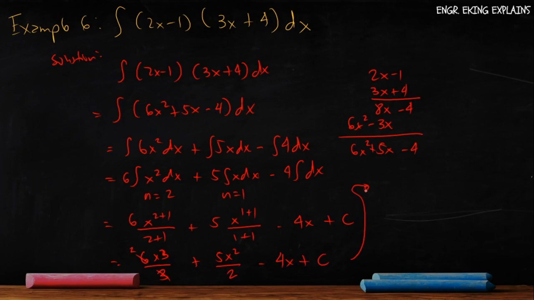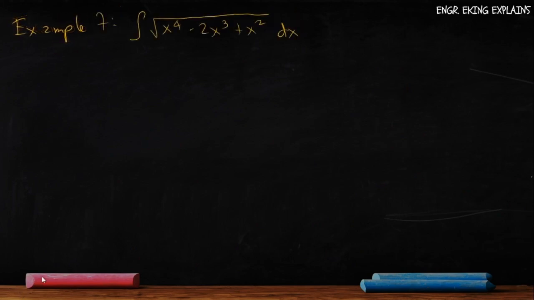So our final answer will be 2x cubed plus 5x squared over 2 minus 4x plus c. Okay, so this will be our answer.